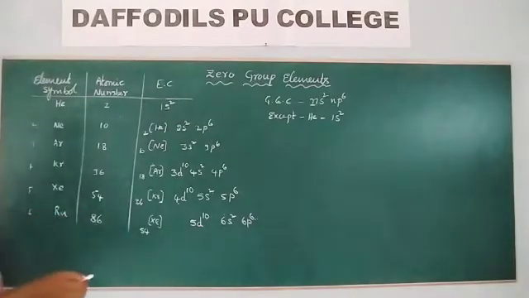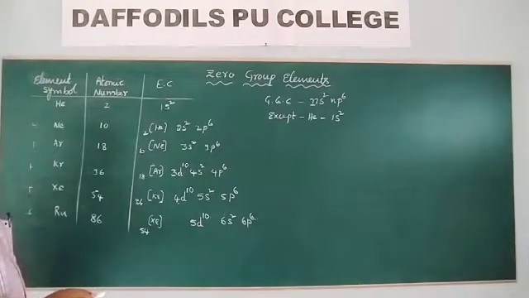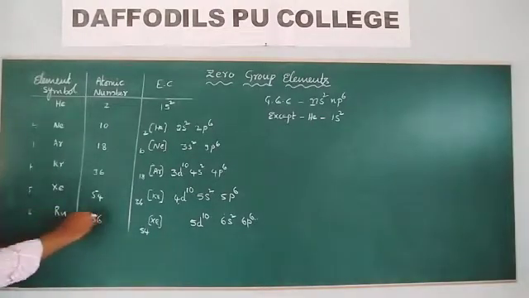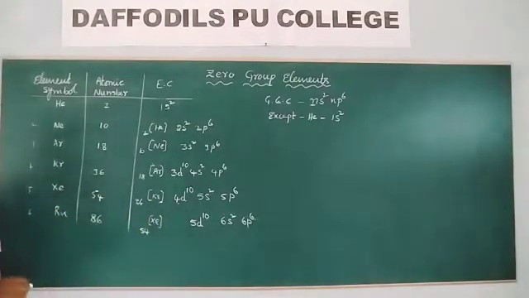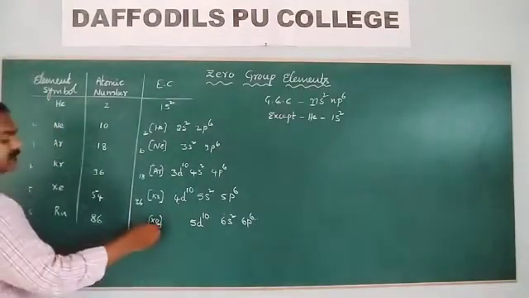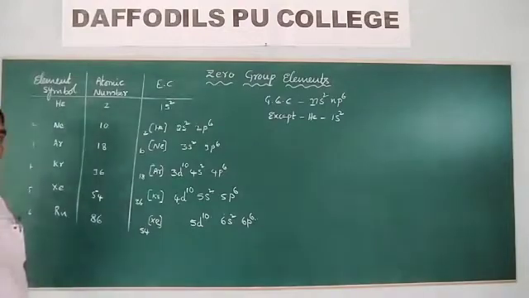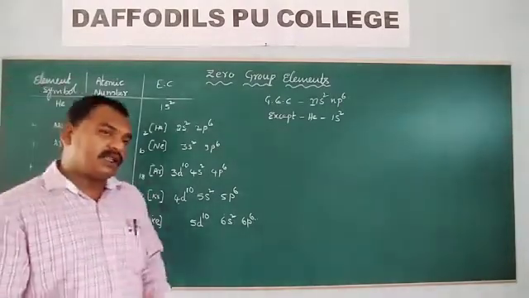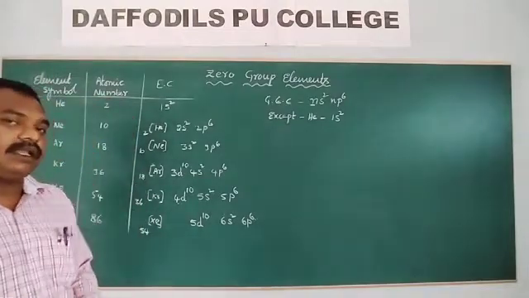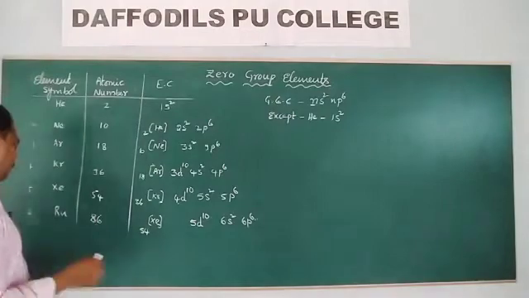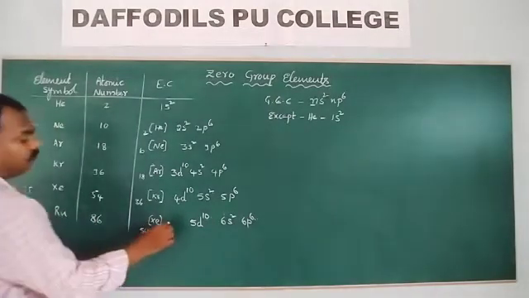So where did the 14 go? Because from sixth period onwards, f block elements begin. In f block elements, the differentiating electron enters the n minus 2 shell. n minus 2 means 6 minus 2, 4.